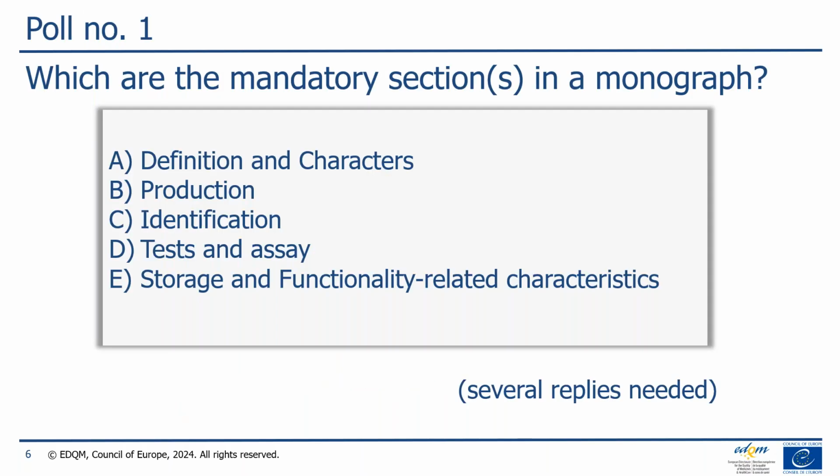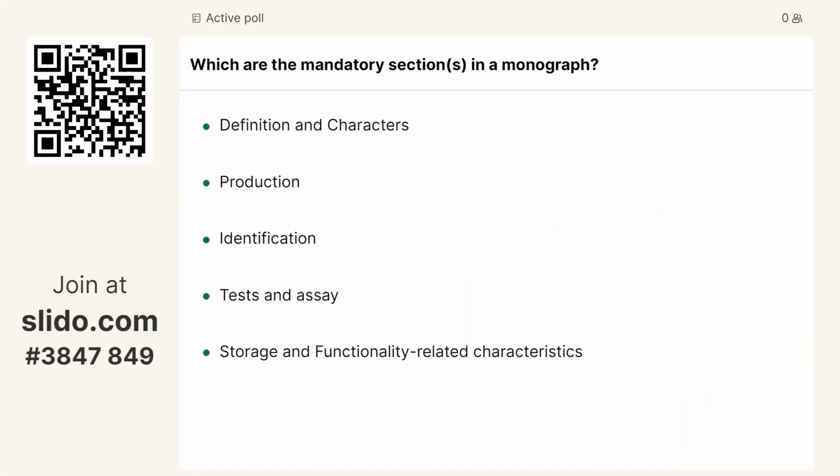I would now propose you to start with a short quiz. May I ask you to respond to the question: which are the mandatory sections in a monograph? Please remember that several replies are possible. Please use Slido.